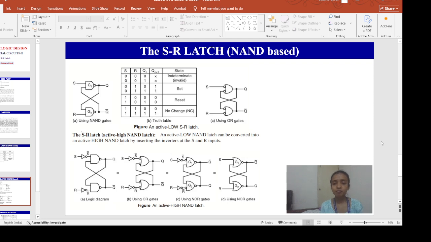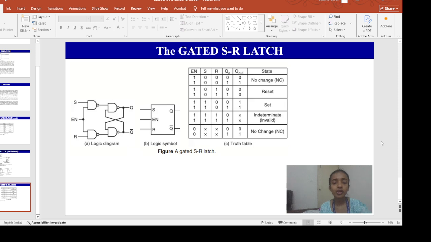Alright. Now moving on to the gated SR latch. In the latches that we have described earlier, the output can change state any time the input conditions are changed, so they are called asynchronous latches. But this is the gated SR latch.